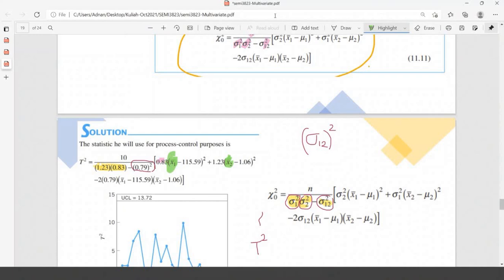So for each of these, because this is what we actually plot. Okay, what we plot. So this value will become x21, until you get x bar 20.